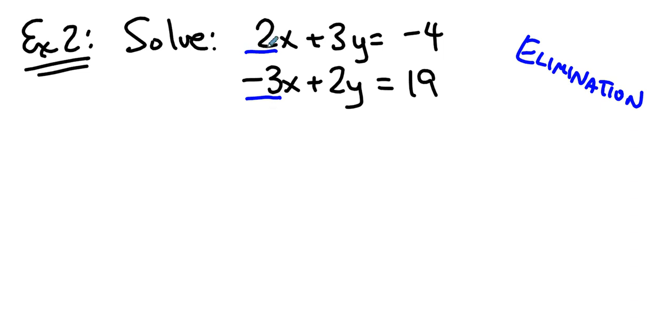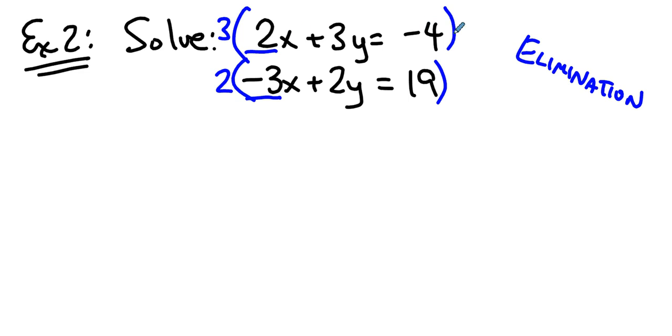How do we do that? Well, we think about a number that 2 and 3 both go into. We think 6. So how do we get a 6 with that first equation? We multiply both sides by 3. How would we make this a negative 6? We'd multiply both sides by 2.